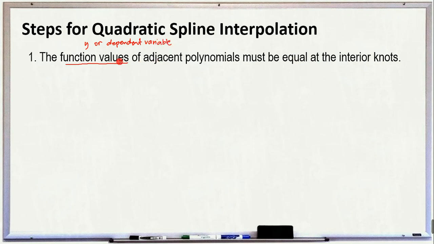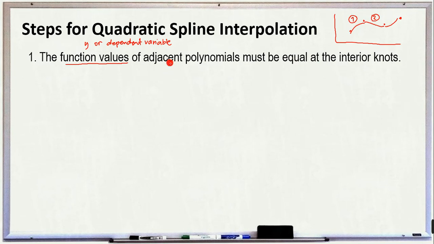Ingon siya, ang dependent variable daw of adjacent polynomials. Unsay pasabot aning adjacent polynomials? Sa atong drawing adto, upat man to ka data points. Upat. So naay usa, naay duha, tulo. So kaning quadratic spline 1 and quadratic spline 2, di ba tapad sila? So unsa ra gyud Bisaya anang adjacent? Nagtapad, di ba?